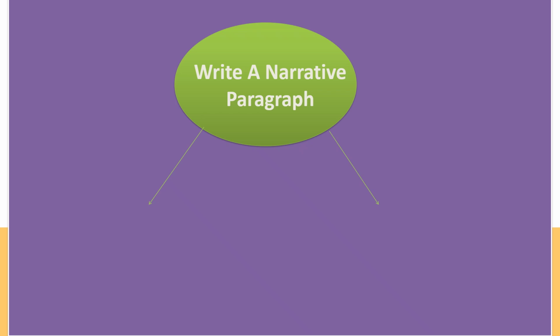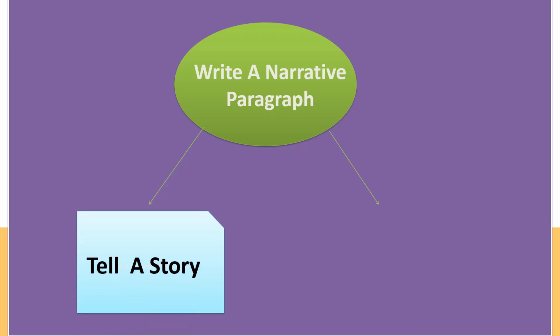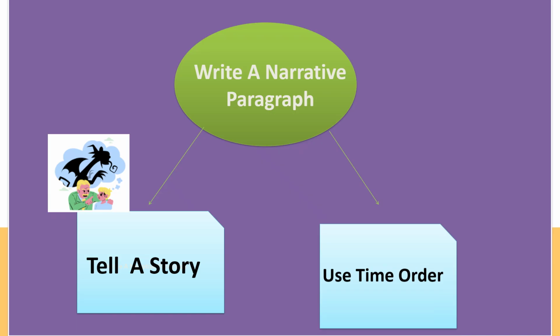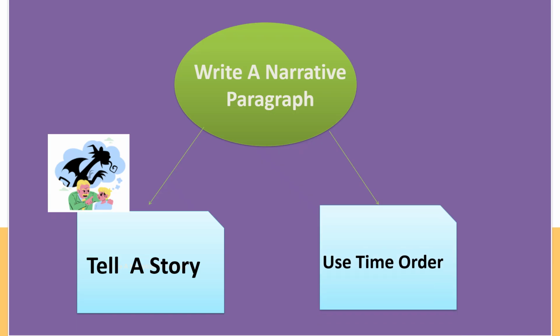Here is a quick trick for you. When you need to write a narrative paragraph, number one, remember that you are going to tell a story. And number two, you need to use time order.